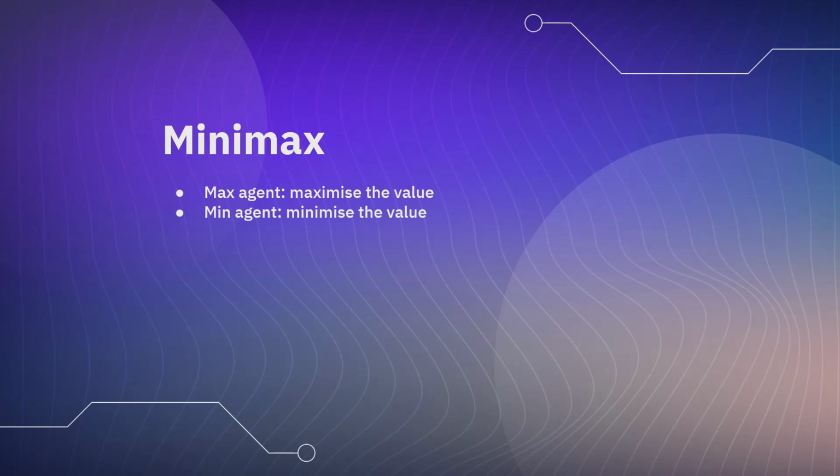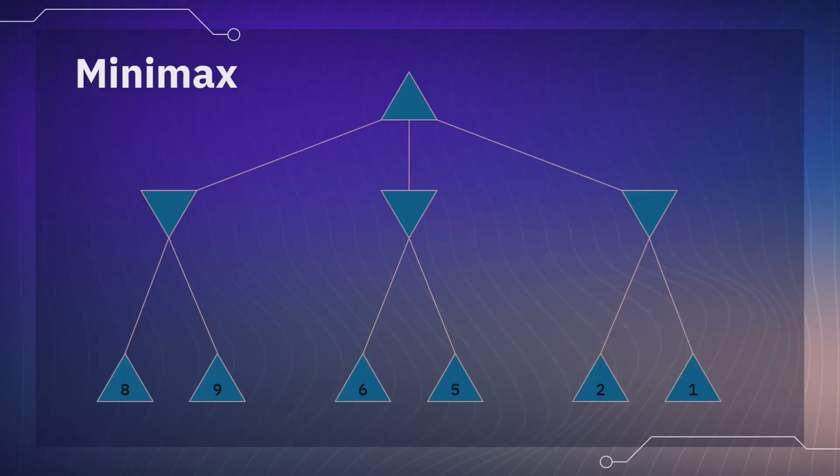One of the most popular algorithms you have come across is, of course, minimax. In minimax you have a max agent and a min agent. The max agent tries to maximize the value, and the min agent tries to minimize the value. Let's say this is the game tree you're looking at. These are the leaf nodes that you will try to reach. You're at the root node, trying to decide which node to go into.